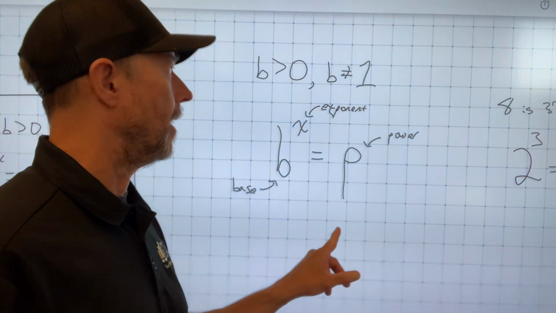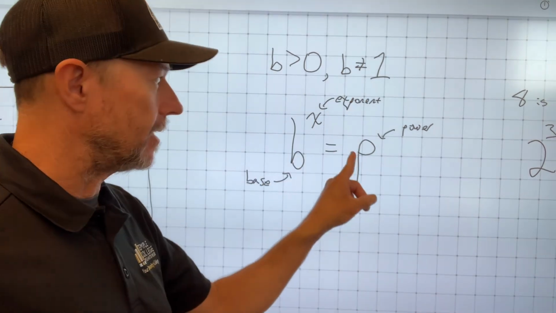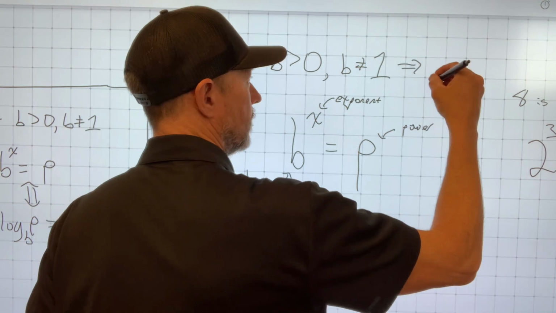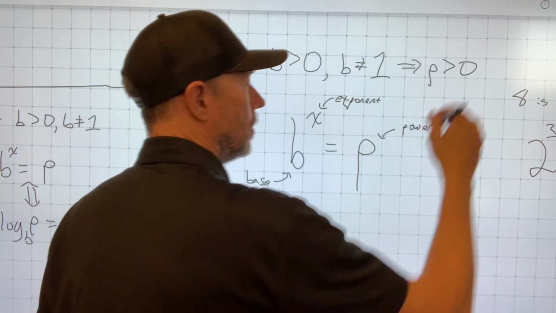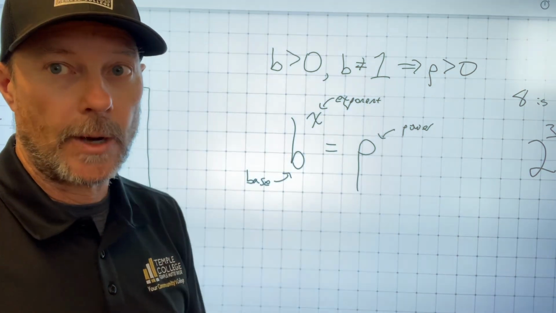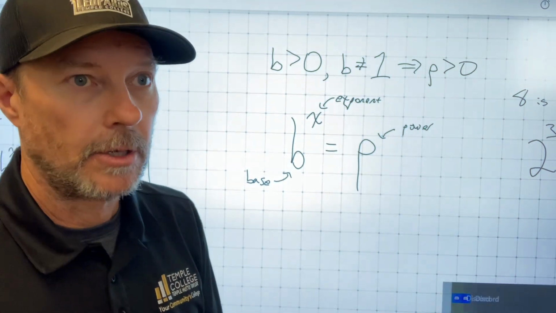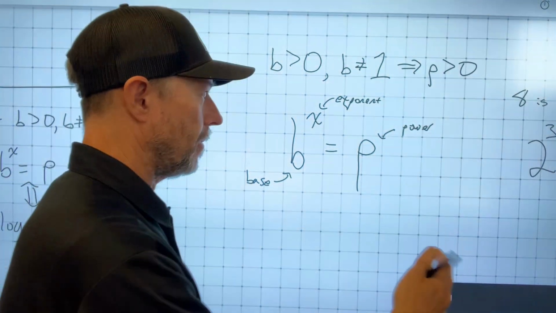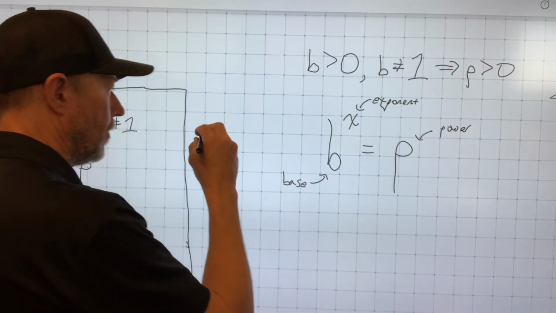Okay? Now, this implies that the power will be positive. Because if your base is a positive number, there's no way to raise a positive number to a real number exponent and get a negative. Like you might think, what about if I raise it to a negative?